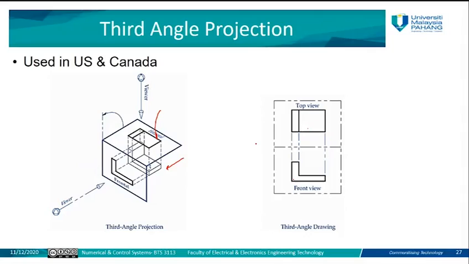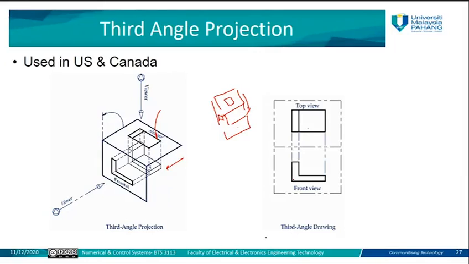So the top view is placed on the top of the glass box, and the front view is on this front side. But in the previous one, the top view was on the bottom of the glass box, and the front view was on the side here. So this is the difference between the third and first angle projection.